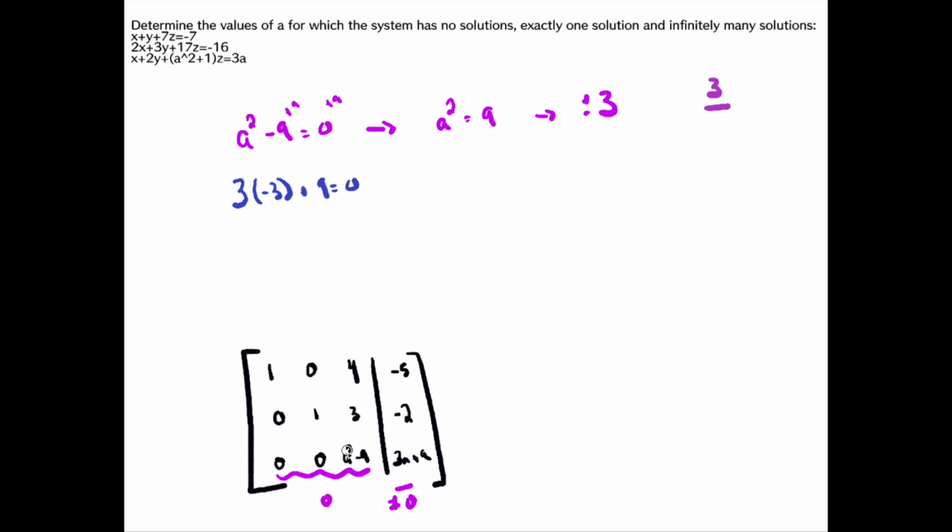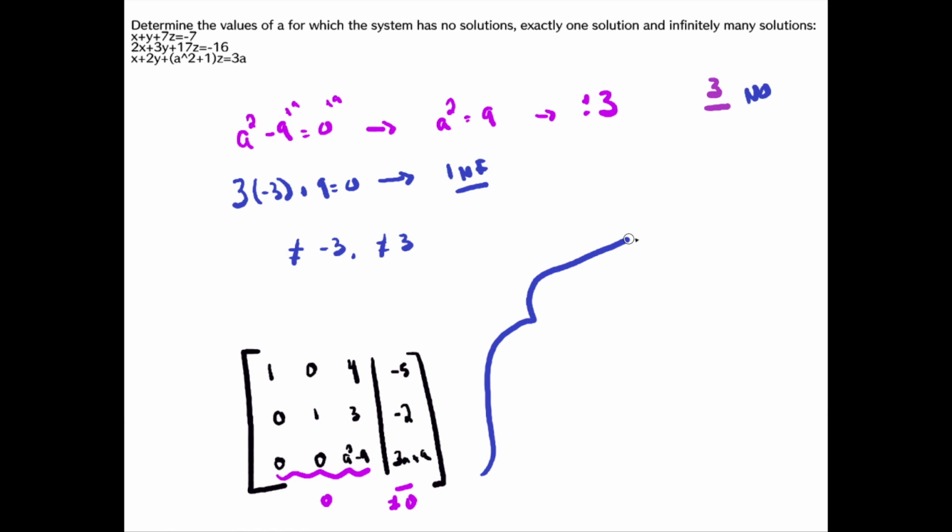And then if I do a squared minus 9 and use -3 as well, I get 0. So 0, 0, 0 is equal to 0, which means I have an infinite amount of solutions. So here we have no solutions, here we have an infinite amount of solutions, and if we want one solution, well, that's just not -3 and not 3.